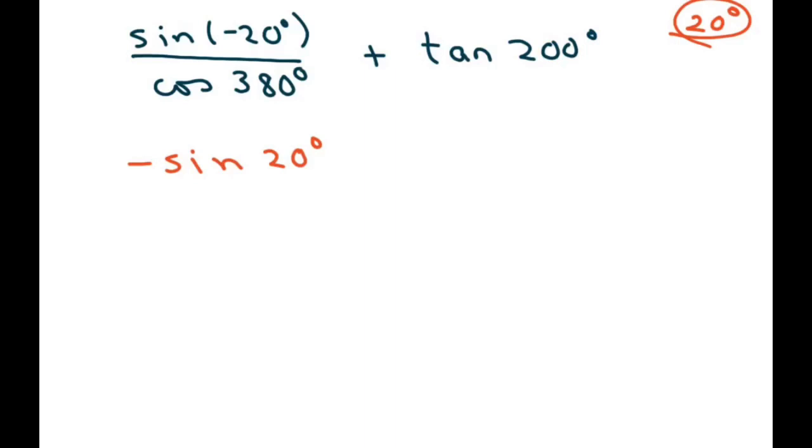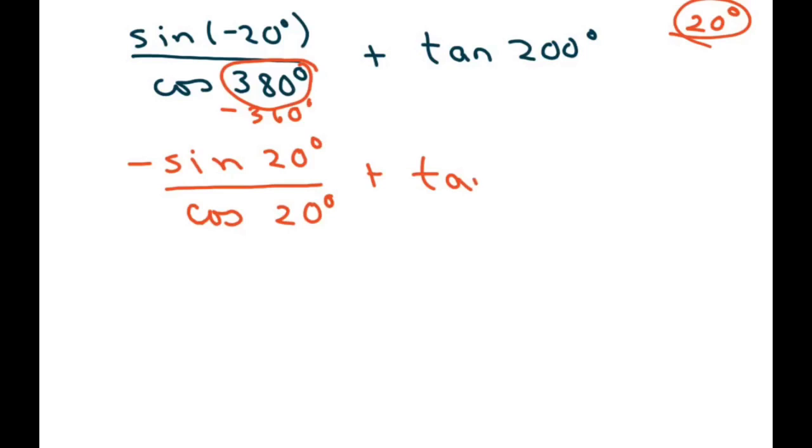So what I'm going to do is go ahead and subtract 360 from cosine, because the period of cosine is 360 degrees. When I subtract 360, I get 20 degrees. Also, the period for tangent is 180. So I'm going to subtract 180, and I get 20 degrees.